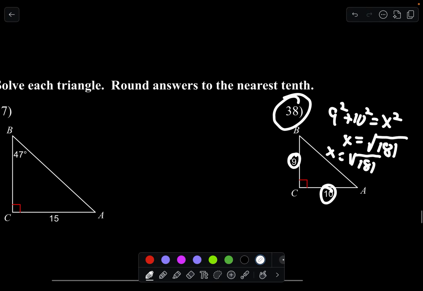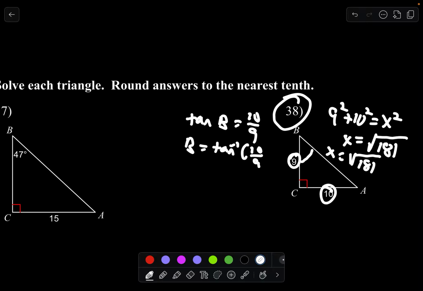So we got the sides. Now we have to figure out the angles. So for angle B, I like to use inverse tan. So tan B is going to equal opposite over adjacent, 10 over 9. So B equals tan inverse of 10 over 9, making sure that your calculator's in degree mode.